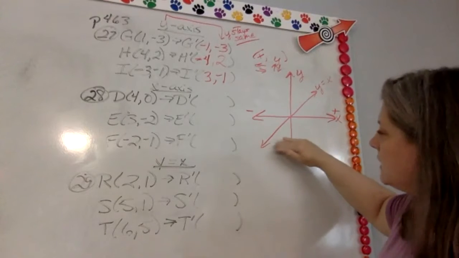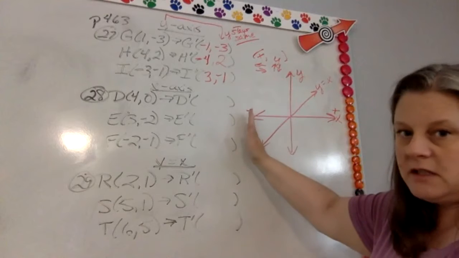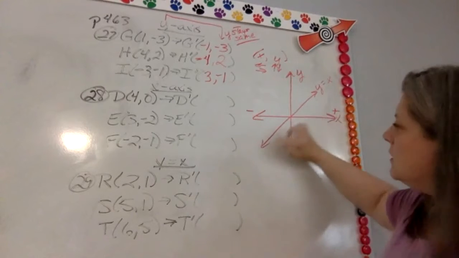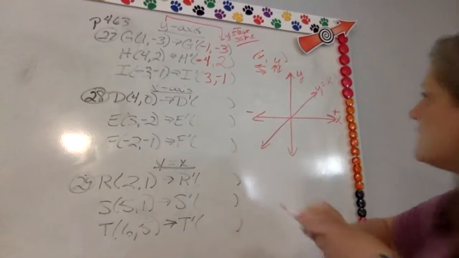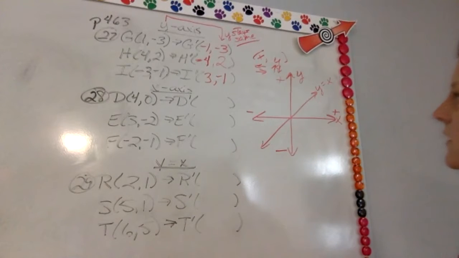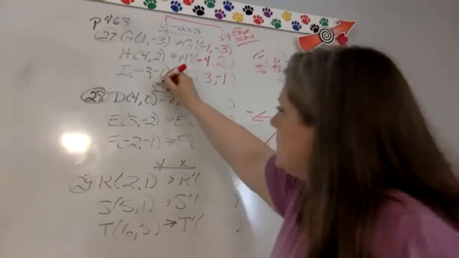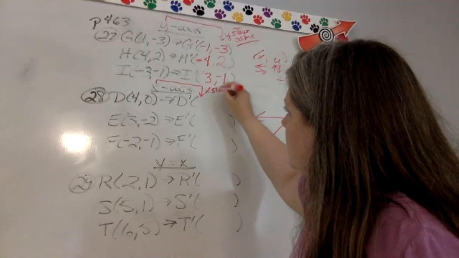Or if it's down here at the bottom, it's going to flip up to the top. It's still going to be the same distance to the left or to the right. You're flipping it, you're changing the up and down. So remember, on our y-axis, going up is positive and going down is negative. Okay, so if we're reflecting over x-axis, the x stays the same.